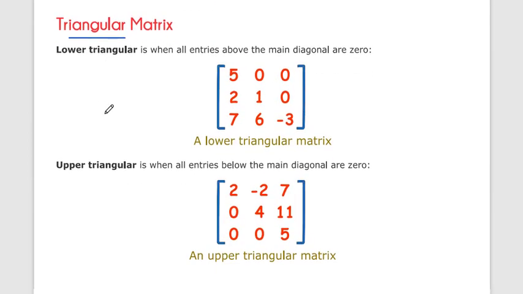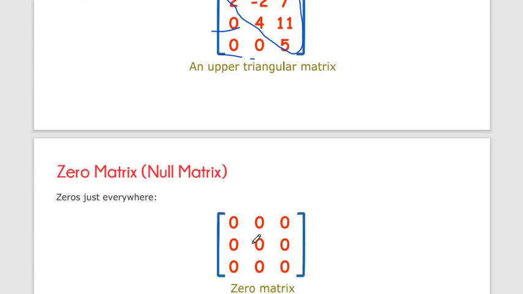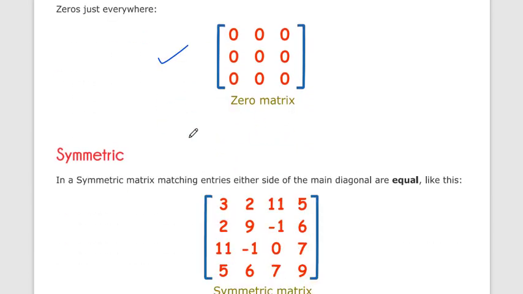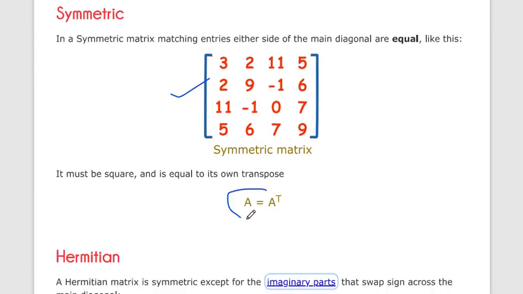Triangular has two types, lower and upper. Lower triangular has values in the lower triangle and other elements are 0. And upper has values in the upper part and other elements are 0. Zero matrix, all elements are 0. Symmetric, what is symmetric? Symmetric means A and its transpose matrix are equal.